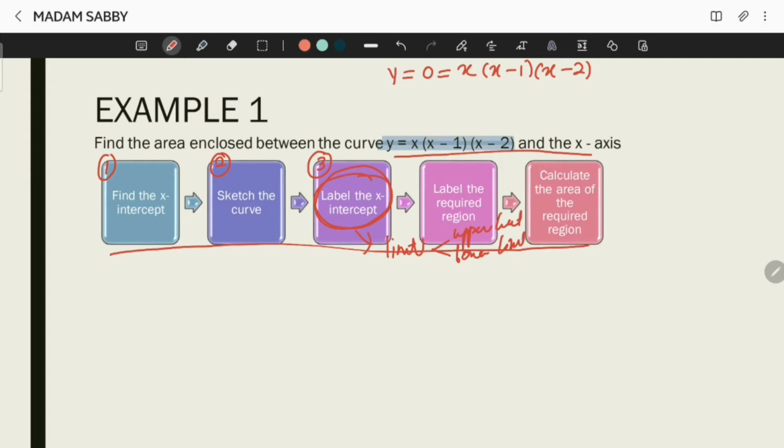So it's very important to label the x-intercepts. Then we label the required region and calculate the area of the required region, the total area.